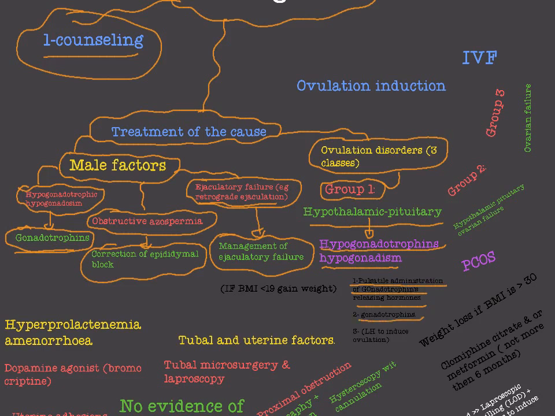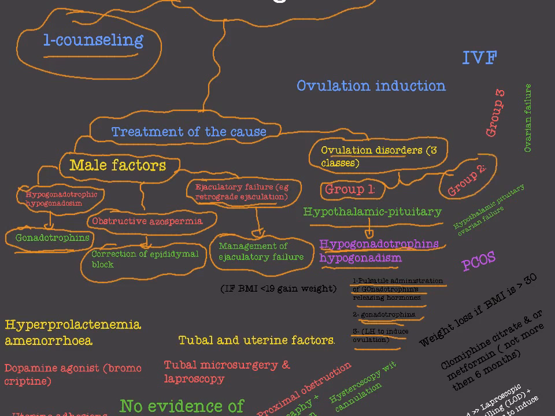Either you can give gonadotrophin releasing hormone or gonadotrophins, and you have to give luteinizing hormone to induce the ovulation. This is easy by logic. We have lack of gonadotrophins, then we can give gonadotrophin releasing hormone or gonadotrophins, and we have to induce ovulation by luteinizing hormone.